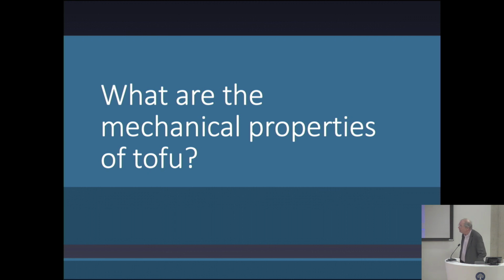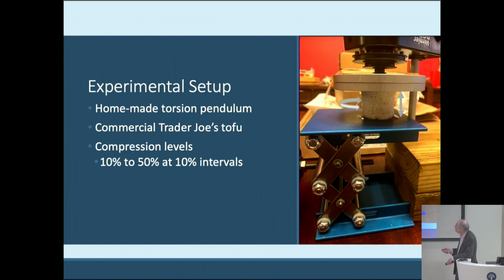Okay, so here's one example taken from an undergraduate in our lab a few years ago who was measuring tofu. So this is a slightly different pendulum from what I'm going to show you, but it's the same idea.